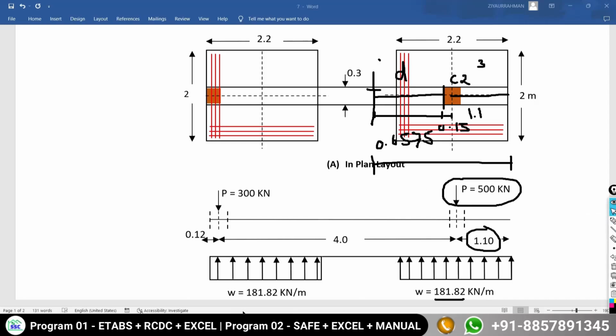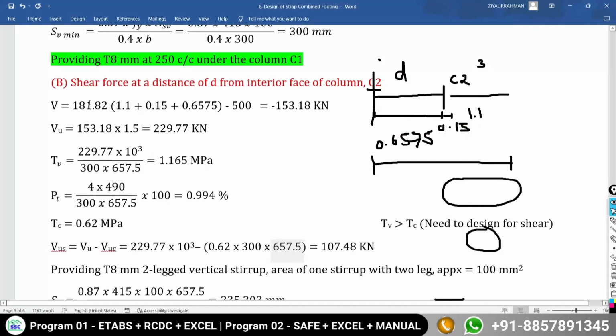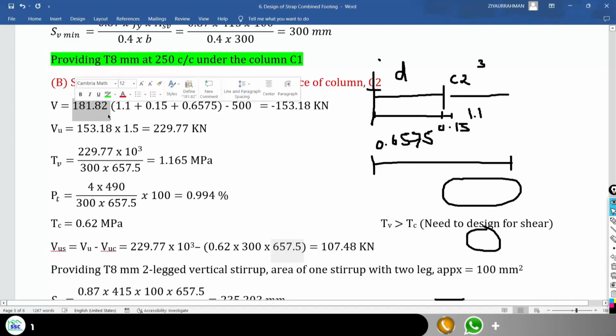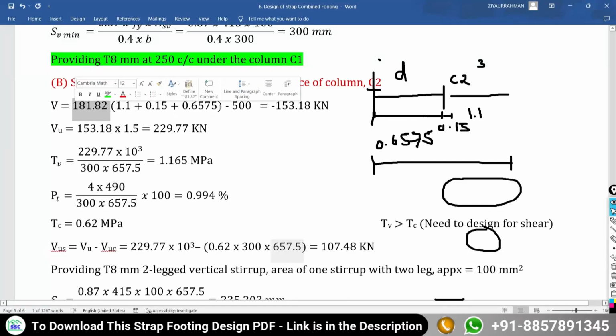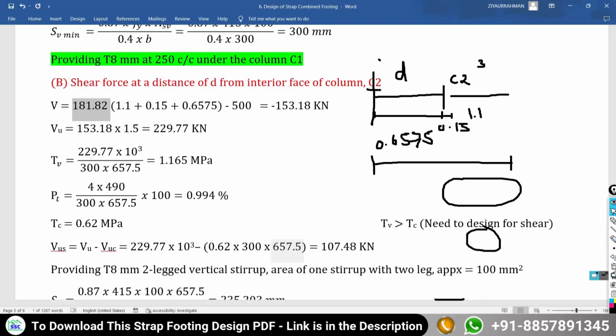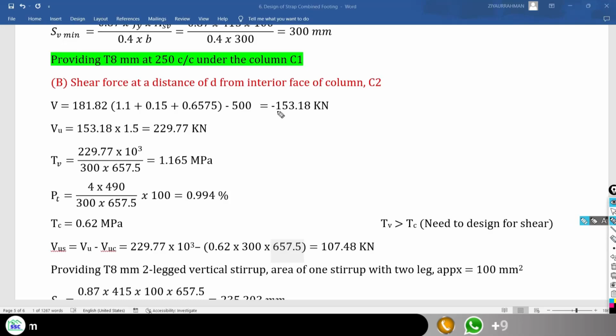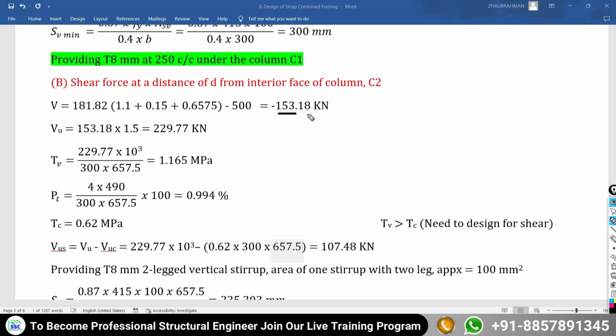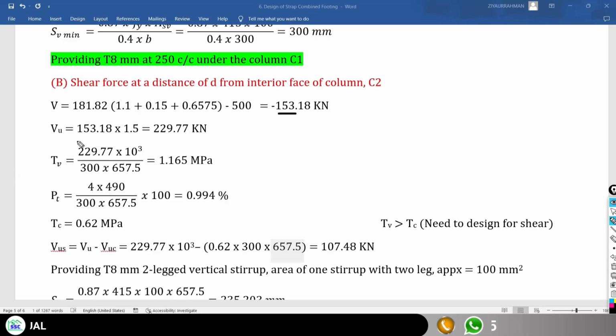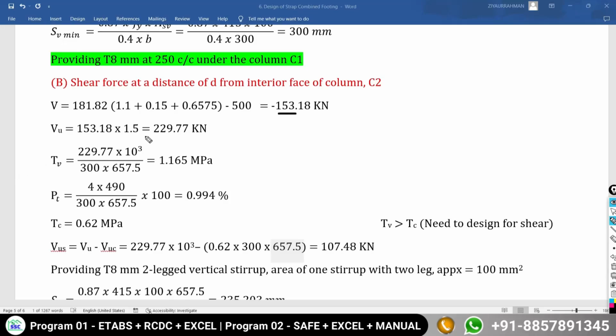So with all of this consideration, we have the equation as 181.82 kilonewton per meter multiplied by the full span 1.1 plus 0.15 plus 0.6575, minus 500. So the resultant value of the shear force you are getting is 153.18 kilonewton. It has the minus sign, meaning downward direction. We don't need to focus on the sign, we just have to focus on the value.